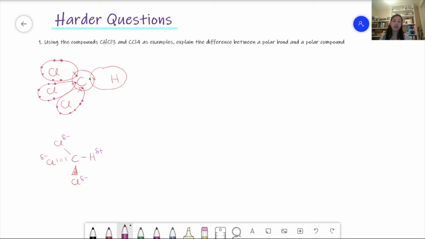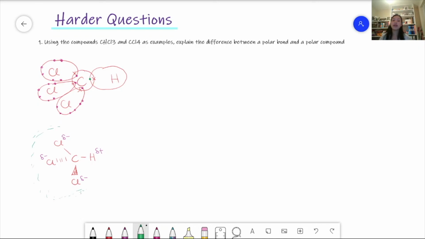And so after that, we now look at the electron density of it. So because chlorine has the higher electronegativity, that means it's got a higher attraction to the bonding pair of electrons. That means that lots of electrons are gathered around here, where the chlorines are.